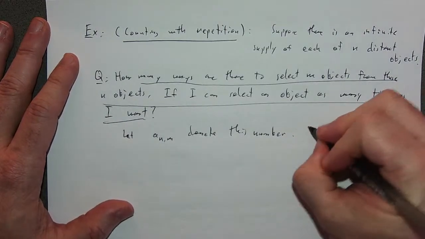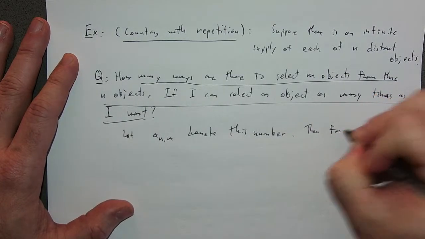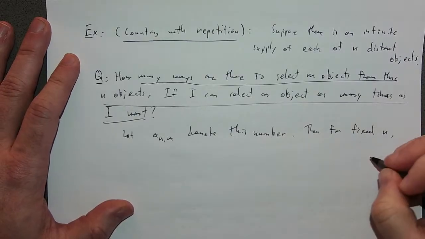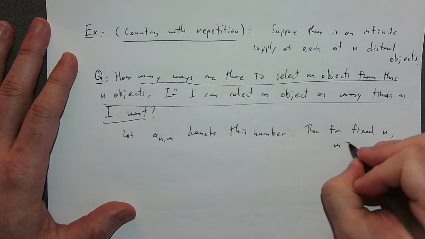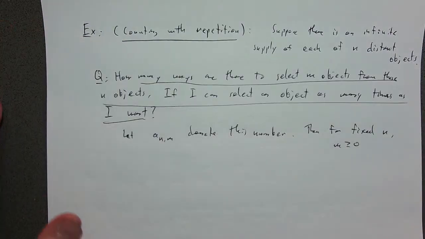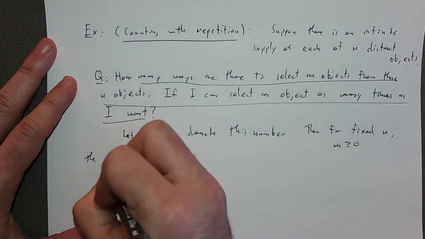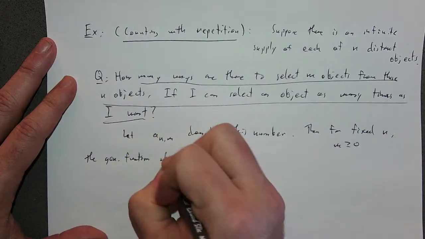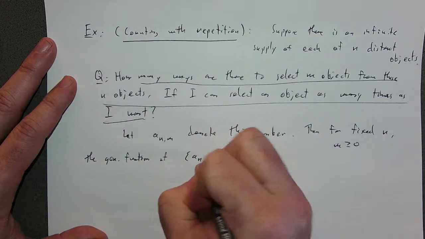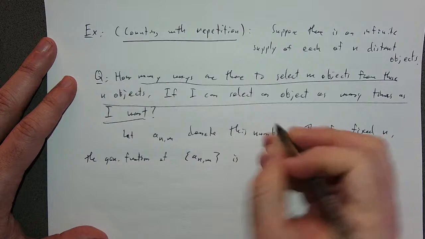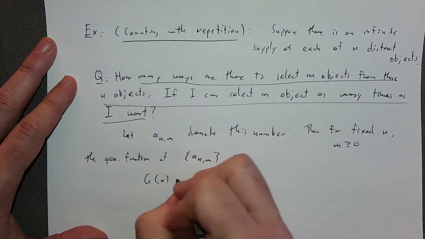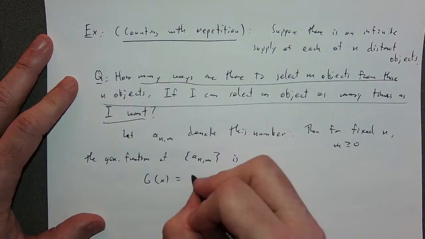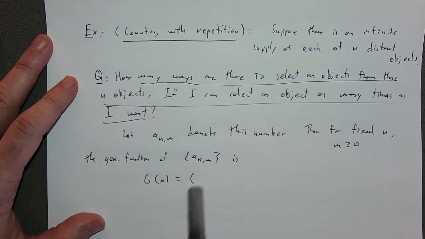Then, for fixed n and m greater than or equal to 0, the generating function of this sequence is what? I can select an object as many times as I want to. There's an infinite supply here.